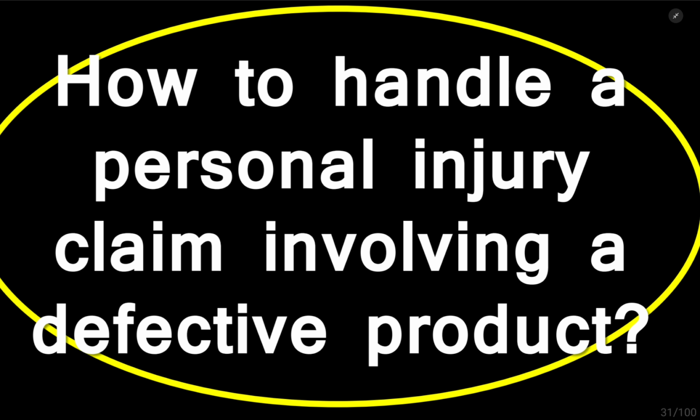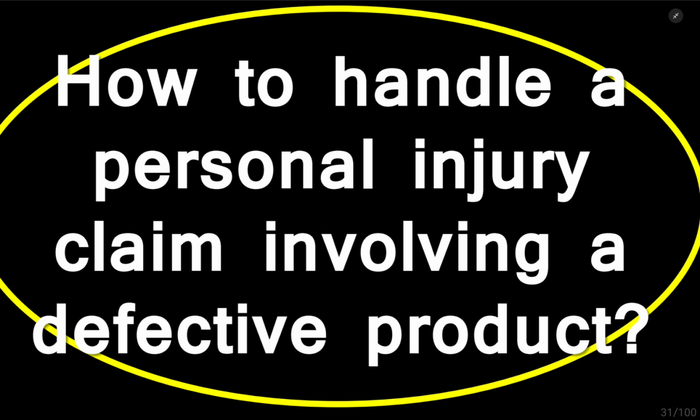Photographs: take clear pictures of the product, the defect, and the injury. Medical records: keep track of all medical records and treatments related to the injury. Witness statements: if there were any witnesses to the injury or the product malfunctioning, ask them to provide statements.